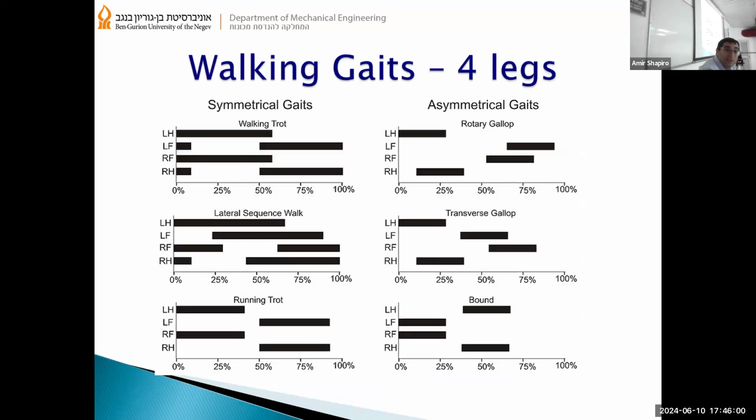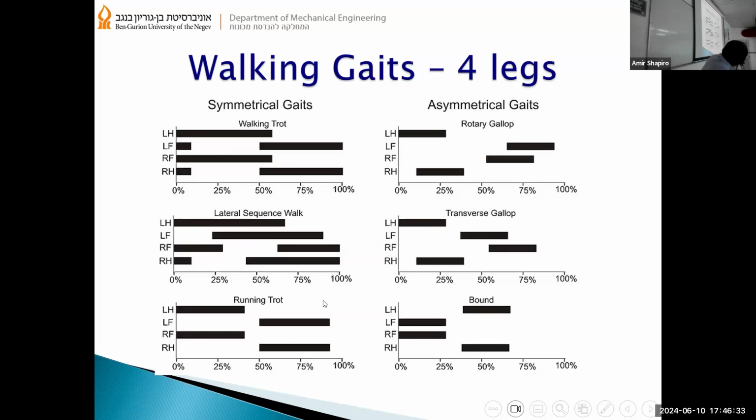As you can see here, this is the percentage of the walking cycle. The black is the leg that is on the ground, that is touching the ground. And you see here 4 legs: left front, right front, left back and right back.